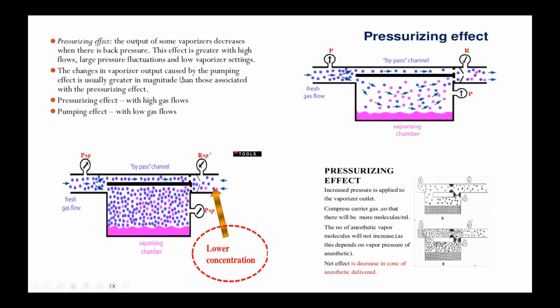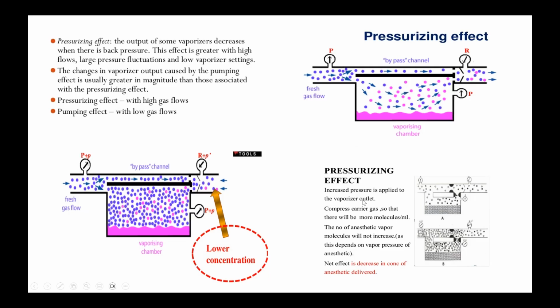The change in vaporizer output caused by the pumping effect is usually greater in magnitude than that associated with the pressurizing effect. Pumping effect with low gas flow is more important because it will increase the concentration.